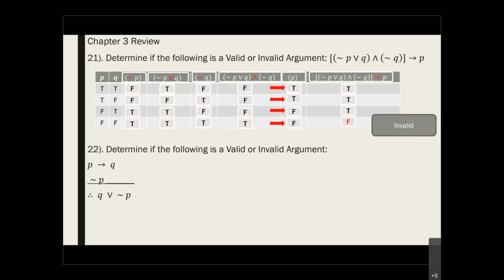All right, if you don't have a question, number 22 is the same idea. The only thing different with 22 is they did not put in the formula for you. The formula is your first line and your second line imply your conclusion. Reminder, in number 22 the red ink is fixed. It does not change.